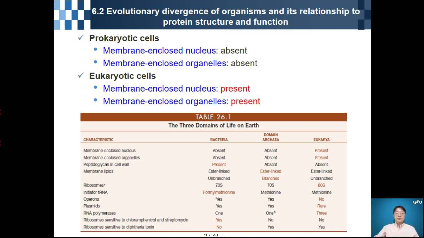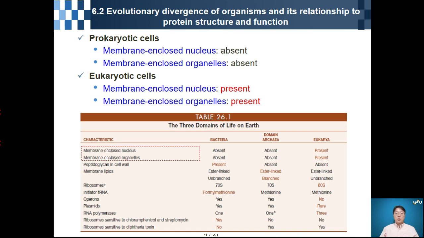Prokaryotic cells are composed of bacteria and archaeobacteria. So what's the difference between prokaryote and eukaryote? The big difference is the membrane-enclosed nucleus and membrane-enclosed organelles.